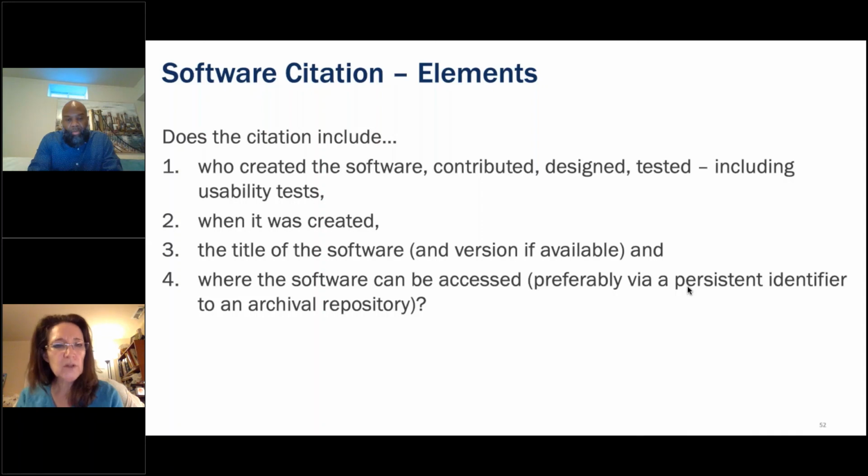And when it was created, the title that you have, and if at all possible, please include the version or the release. That's really important for aligning that particular version with your research. And then the persistent identifier where that software is preserved or archived. Usually that is your DOI, your digital object identifier, but it might be something else.